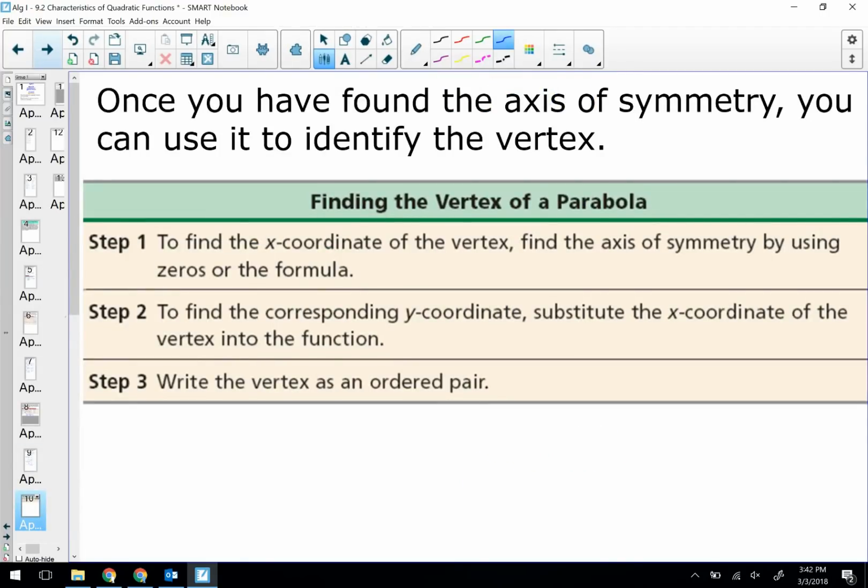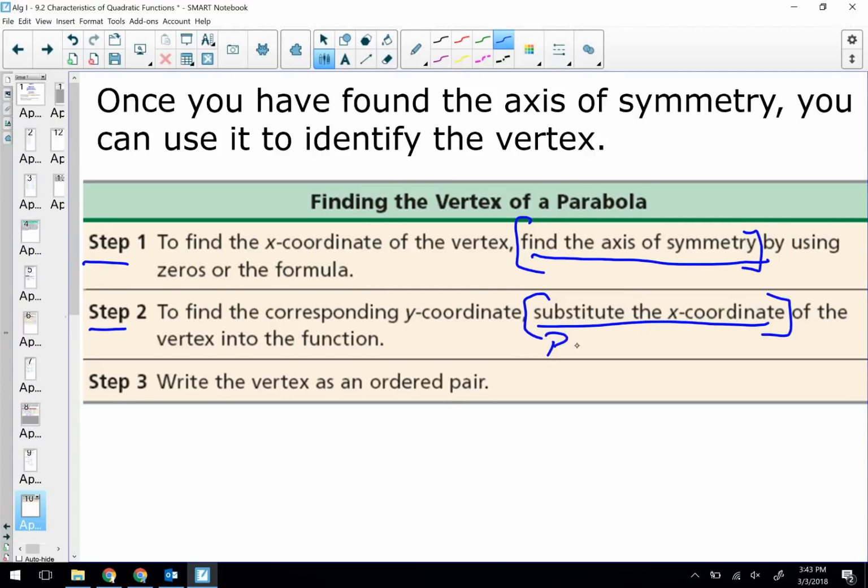Now, just based on the equation alone, I can also identify what the vertex is. How we do that is, first step, figure out the x-coordinate of the vertex by finding the axis of symmetry. Step 1, find the axis of symmetry, however you can, by using the zeros or the formula. Step 2, substitute the x-coordinate. What does that mean?